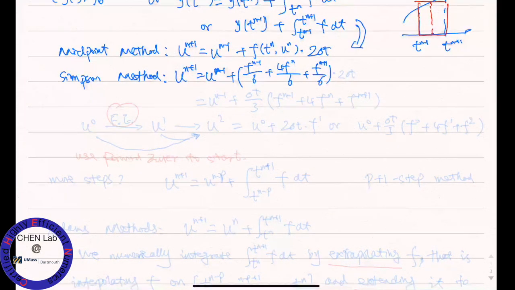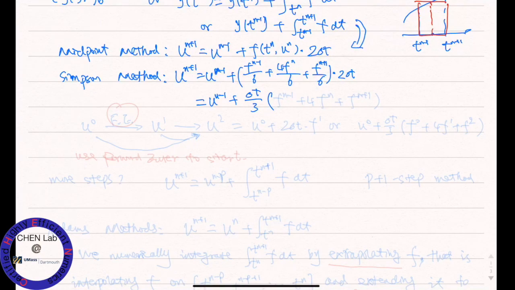And of course, we're not done yet. This should be multiplied with what? This is 2 delta t, which of course we can write as u_{n-1} plus delta t over 3.